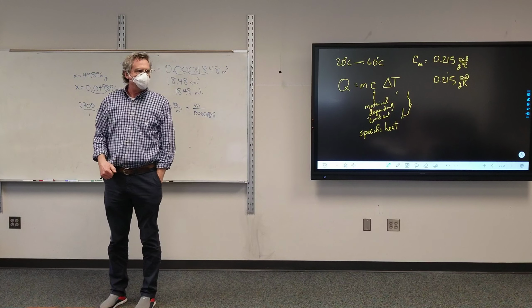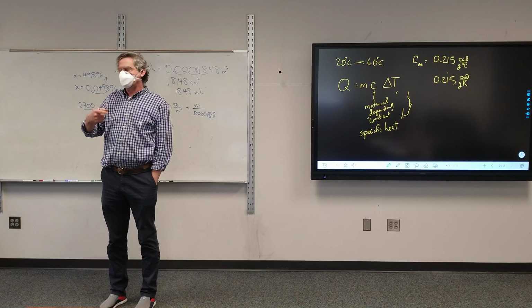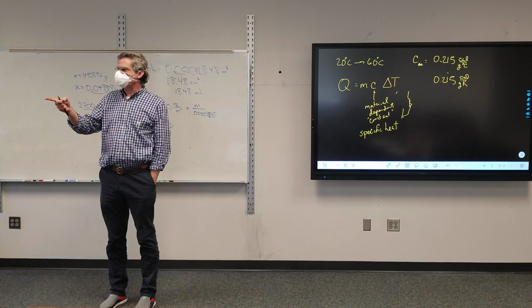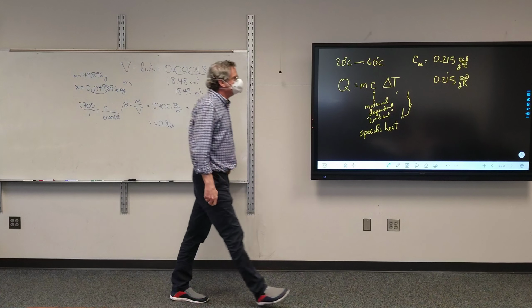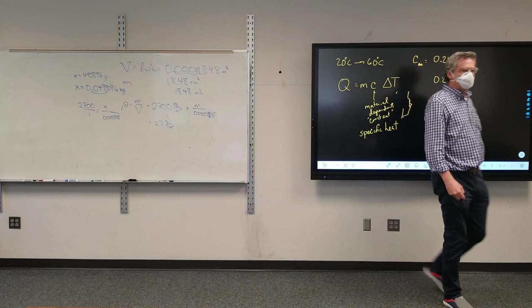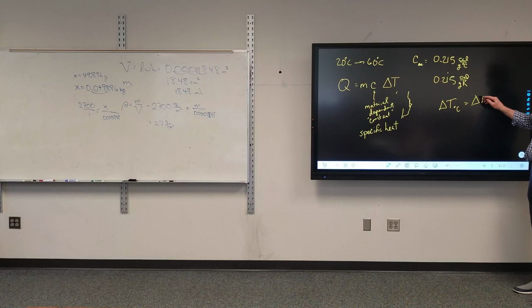Because it's not temperature, but changing temperature, it will be the same. I was going to say, because you cancel it out by the change in temperature. If you make it the same unit, then it'll cancel.